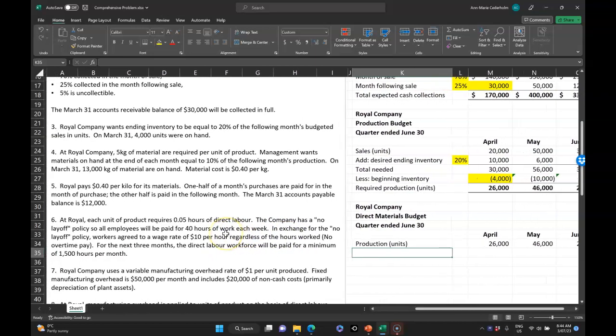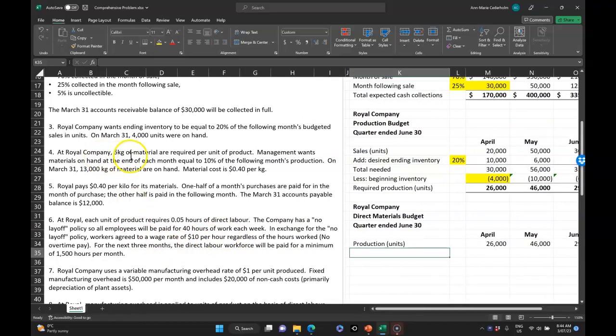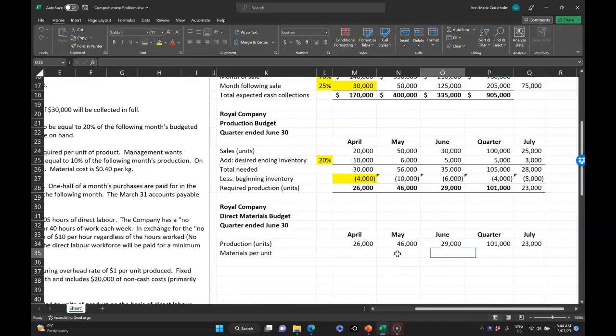So in the question it tells me that at Royal Company, 5 kilograms of material is required per unit of product. So I'll use the 5. So I'll just call this materials per unit, and that's the 5.